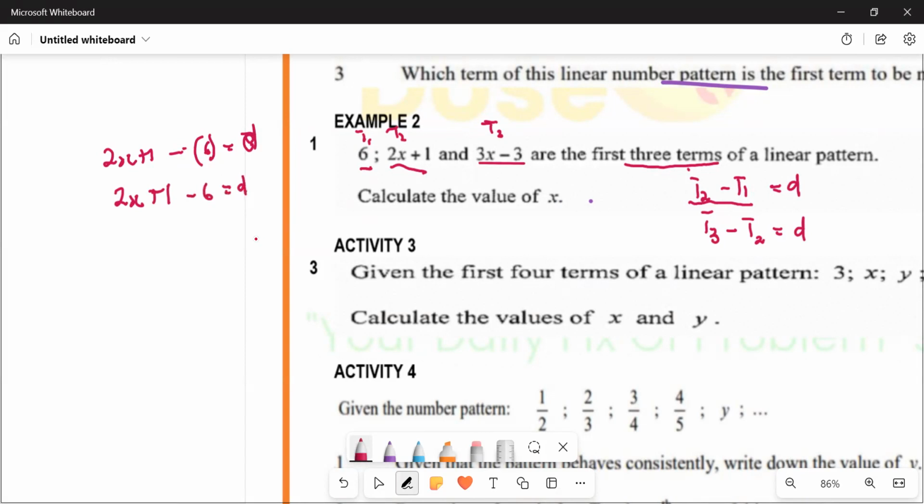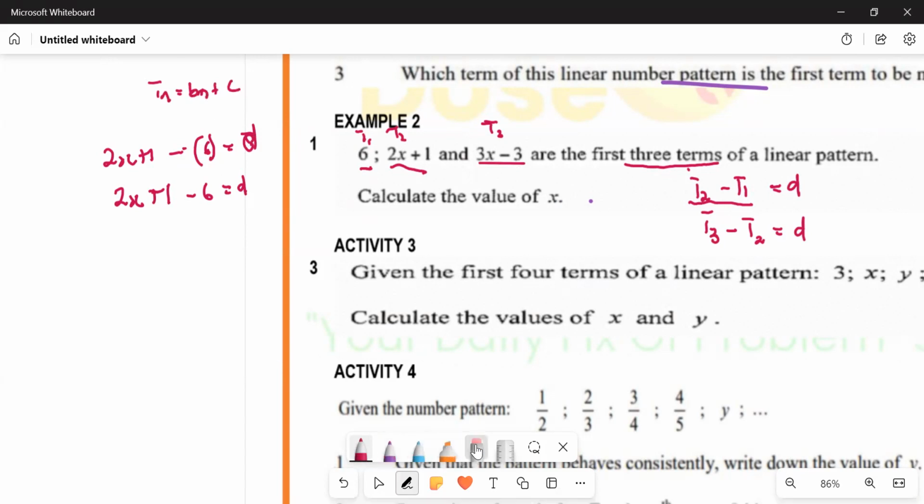For those who are using the other formula, Tn equals bn plus c, they will say this is B instead of D. It doesn't matter, so let's be consistent.